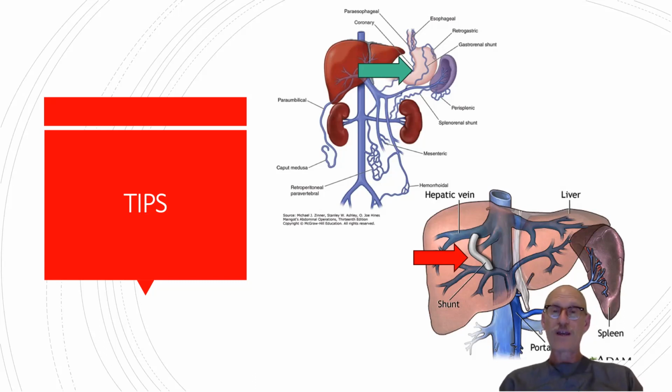It's a clever way of making a better detour or a more preferable detour for the blood flow instead of going through the coronary vein and up into the esophageal veins. It's highly effective in stopping bleeding immediately from esophageal varices.